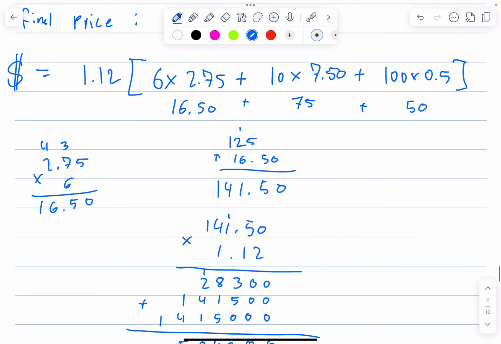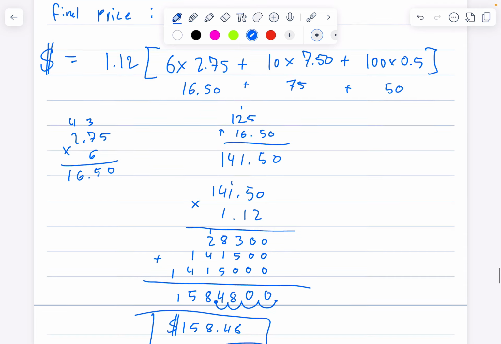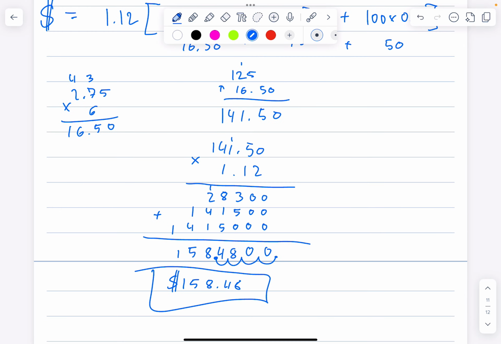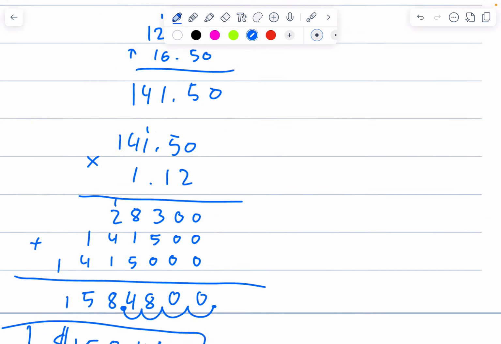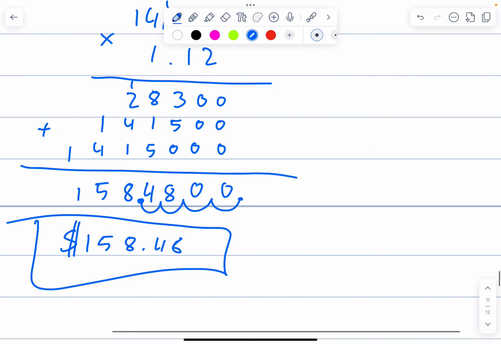Okay. At this point, I would ask you if this makes sense. And the way that I would check my math is I would first look at my final answer, 158.48.